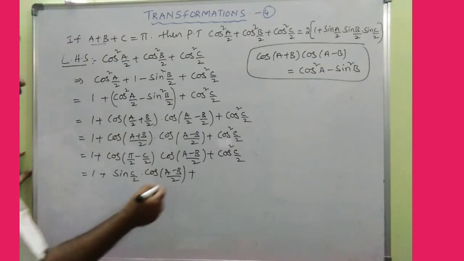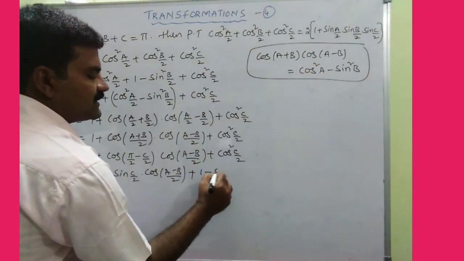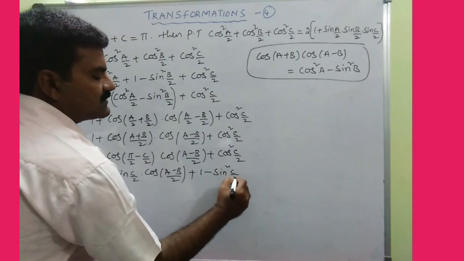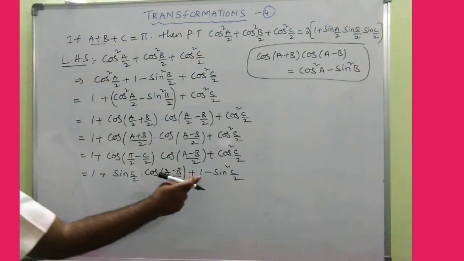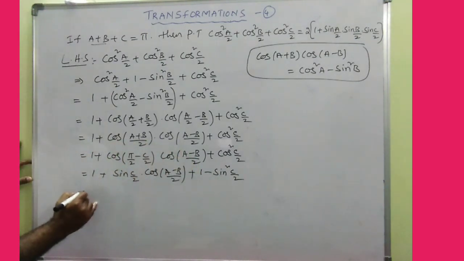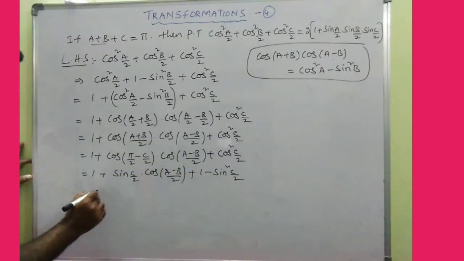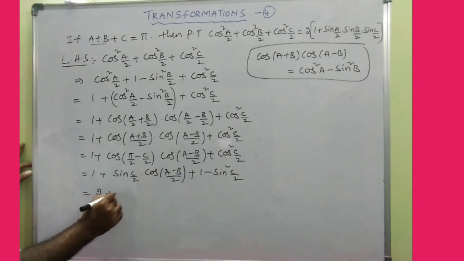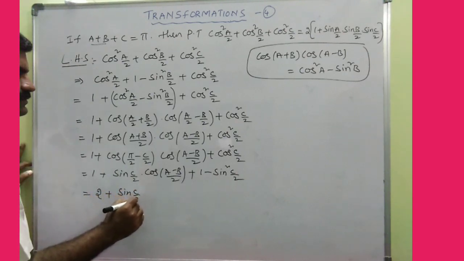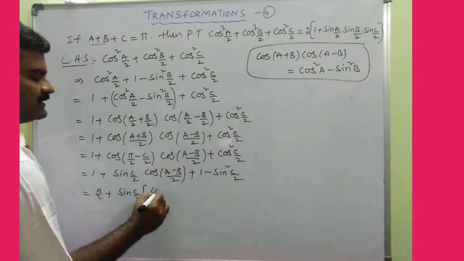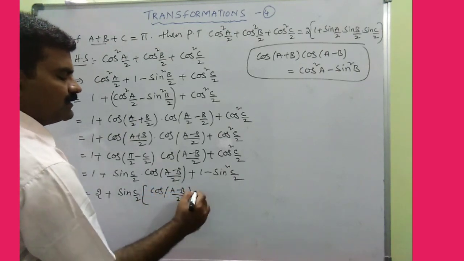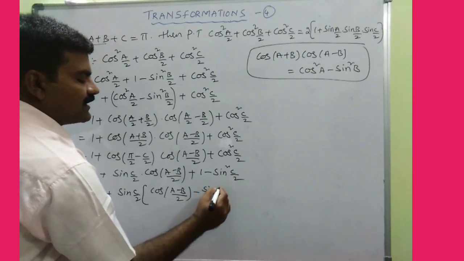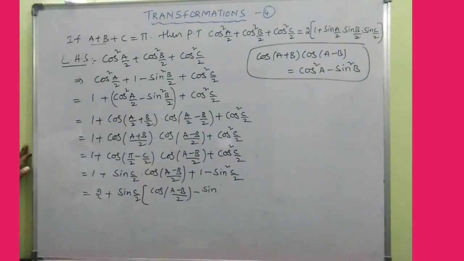So that is why cos square, once again I want to write as 1 minus sine square. Now this one also you can bring to here. So 1 plus 1, 2 plus, if I take sin C by 2 common here, then this is cos of A minus B by 2 minus sin of C by 2.